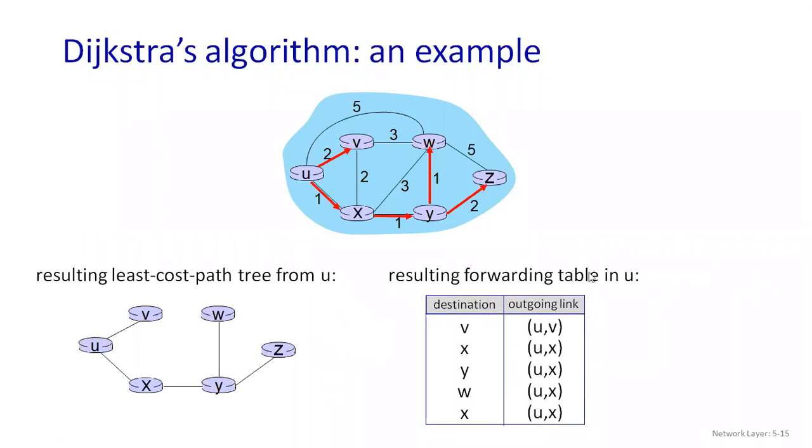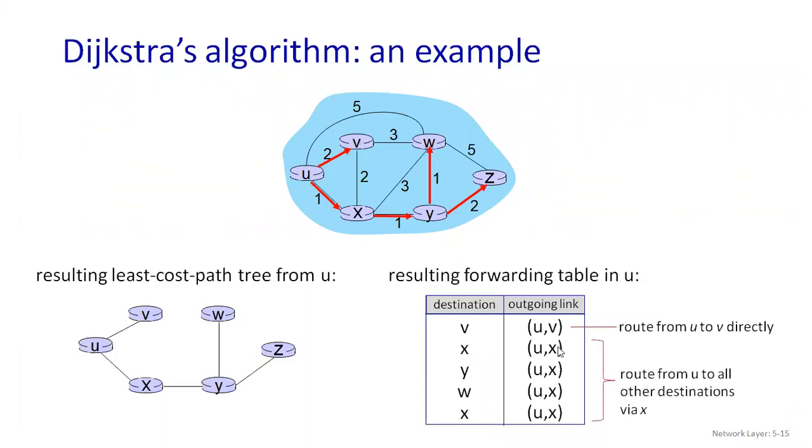If you want to make the forwarding table again, you can do this. You have to write the destination, you need to write the outgoing link. So here what you're going to do: U is the source node, so leave it, and Z is the destination node, so leave that. The remaining nodes you are going to write. And we also have to see from here where to where we have given the connectivity. So here you can see V. If I'm going to V, then my outgoing link will be U comma V. It will route from U to V directly.